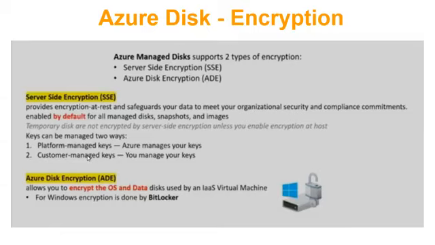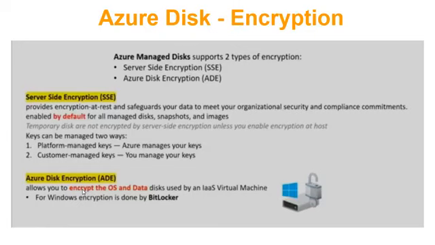Whenever you want Windows encryption, you can use BitLocker. It is an application which enables Windows encryption for the users. So these are the things about server-side encryption and Azure Disk encryption.